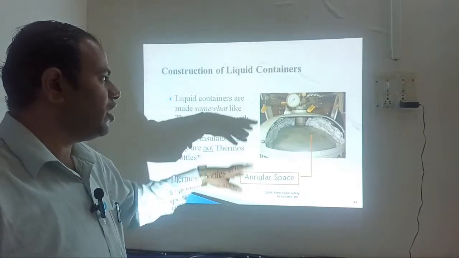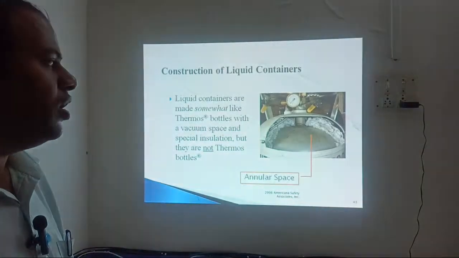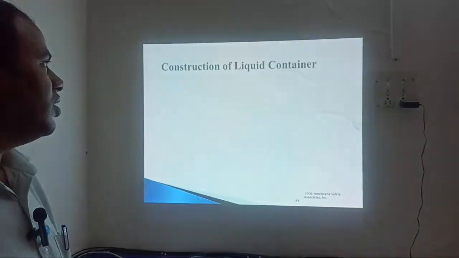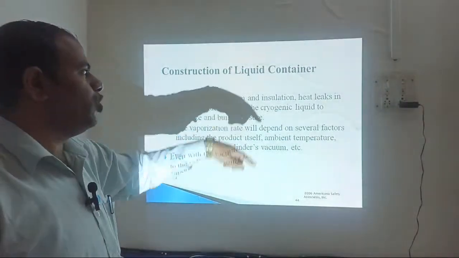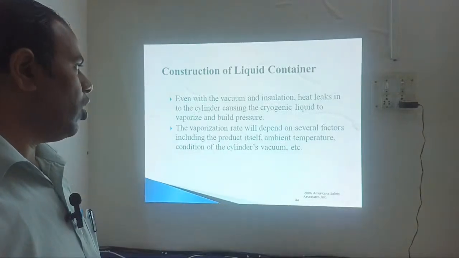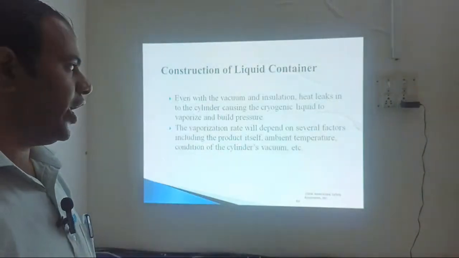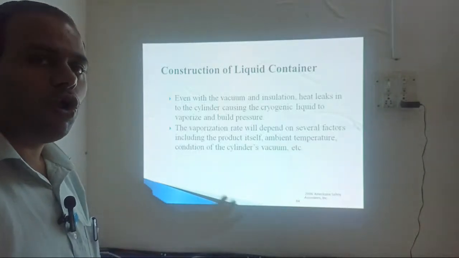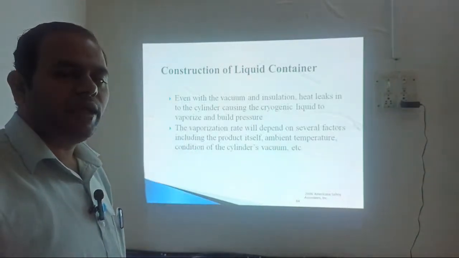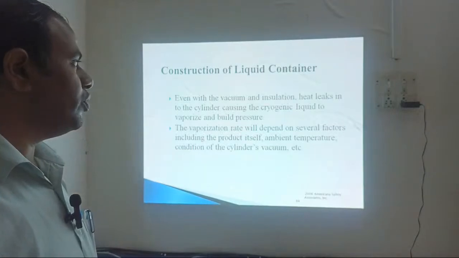Therefore insulation is provided, and double security is used. Even in between there is a vacuum to prevent heat leak, so that this liquid nitrogen can be stored for a longer time, and ambient temperature is maintained between these two containers.